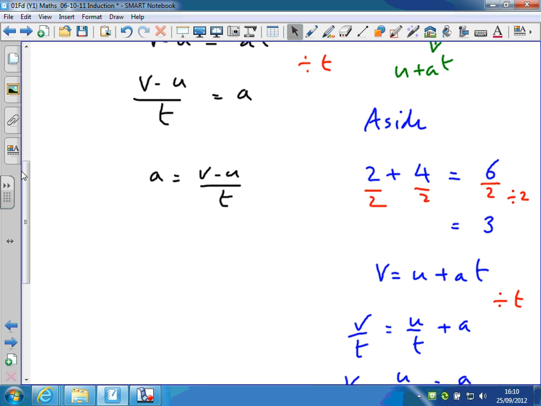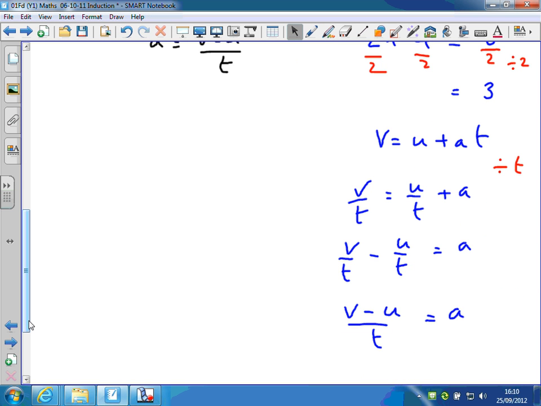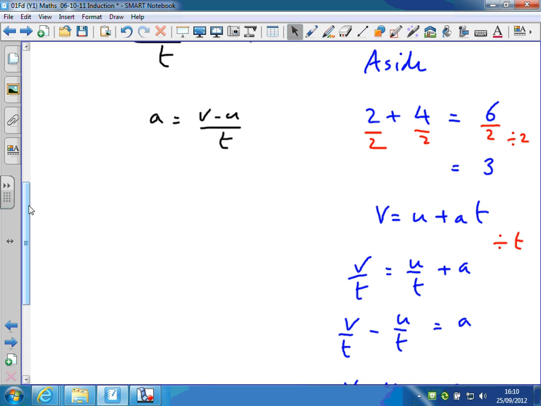And so always try and get rid of the last thing first. However, the point is reinforced. It doesn't matter what you do to a formula, so long as you do the same thing to both sides, it can't be wrong. But it can be more complicated if you try and do the wrong thing first. But you will end up with the same answer eventually.